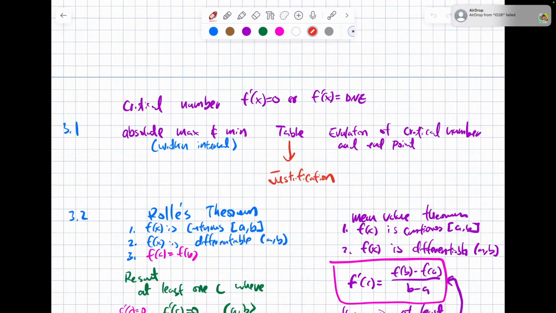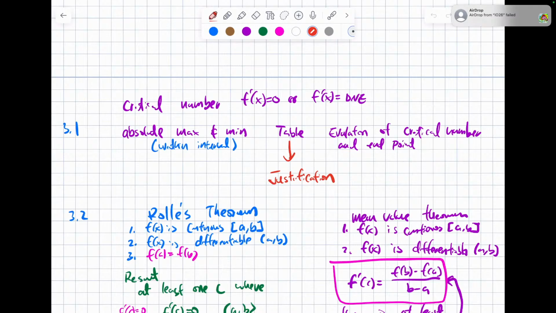Yes. So you only do the table when I ask for absolute max and min, and then you have to do three things. First, take a derivative and set it equal to 0, to define the critical numbers. Then build a table, evaluate the endpoints, and evaluate the critical numbers.